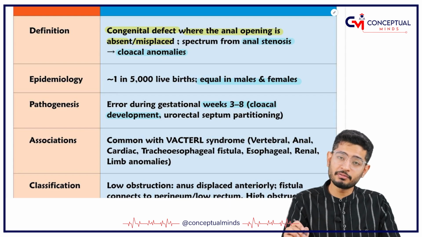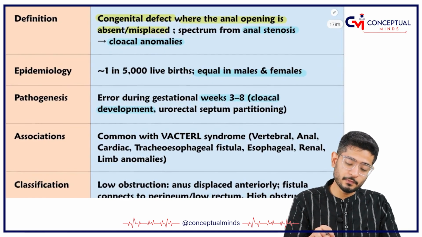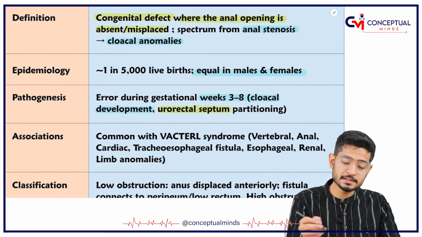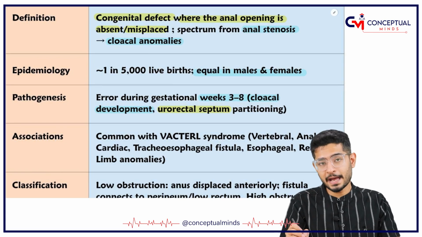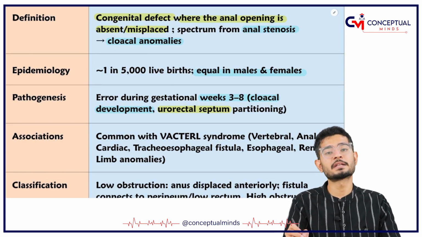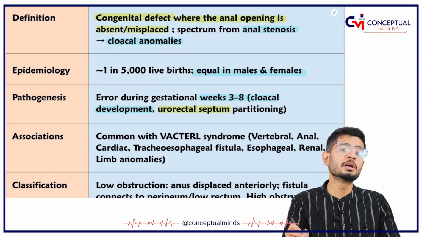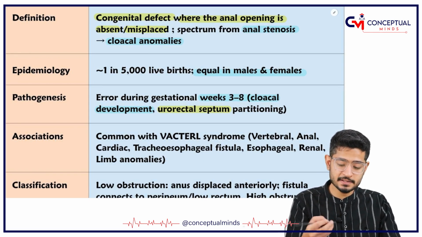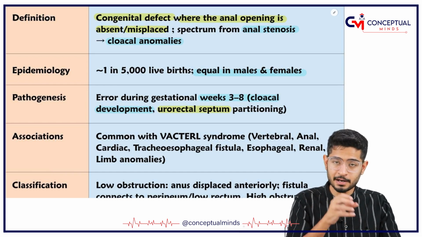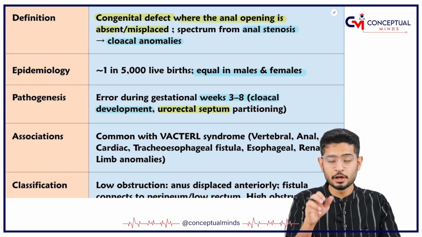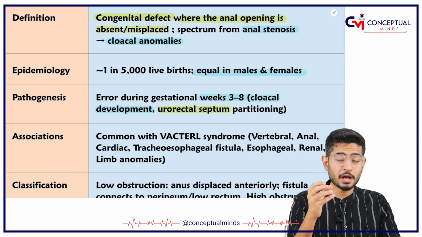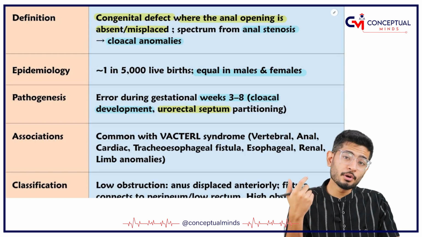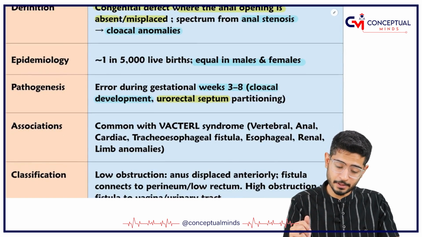In this development there is a septum called the urorectal septum, which is responsible for the formation of the anal opening, because it's a septum between the urinary part and the gastrointestinal part. If it is not formed properly, either there will be stenosis of the anal canal or the anal canal will not be able to open at the right place.